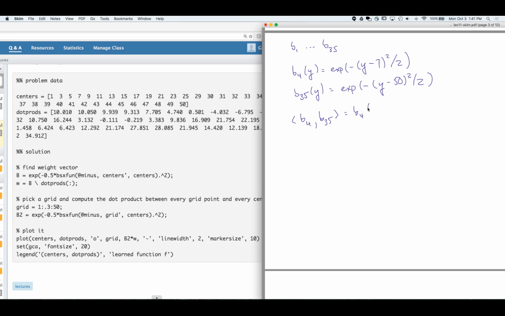So it's B4 of 50, which is exp of minus (50 minus 7) squared over 2, right? And so this is going to be a very small number. 50 minus 7 is 43. 43 squared is not quite 2,000. So exp of minus not quite 1,000 is a very, very small number, so that's approximately equal to 0. Meaning that B4 and B35 are almost orthogonal. Okay?